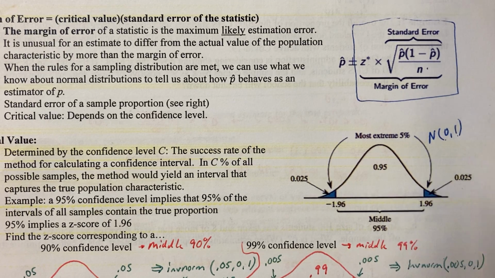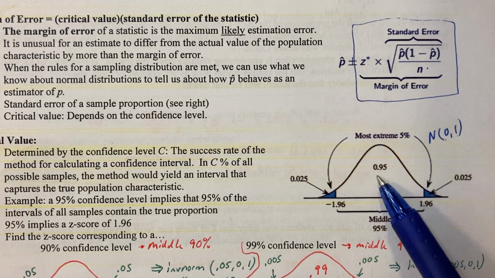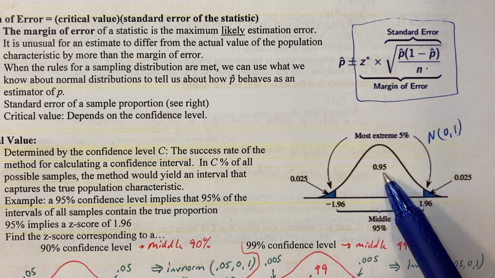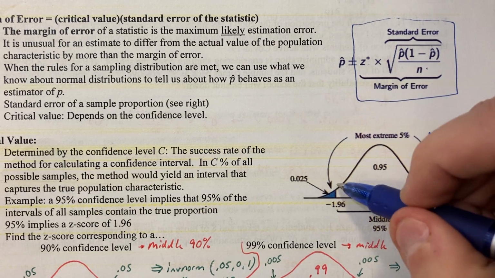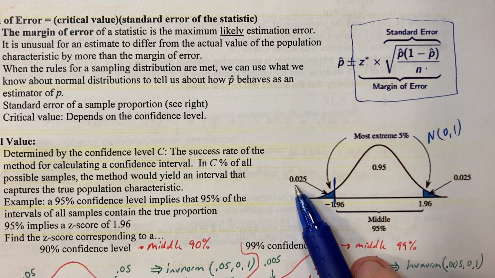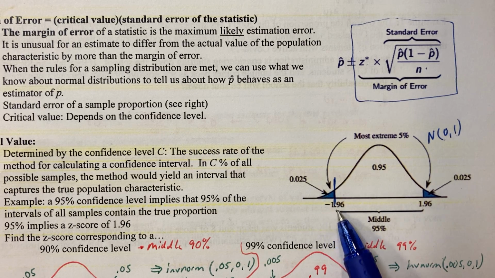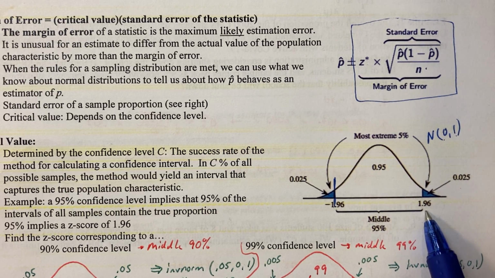Then you go into your calculator and you do inverse norm. You do inverse norm with not 95%, but with this number right here, the tail, and that will find that number right there. And then because there's symmetry, you can just do the positive and get that value right there.